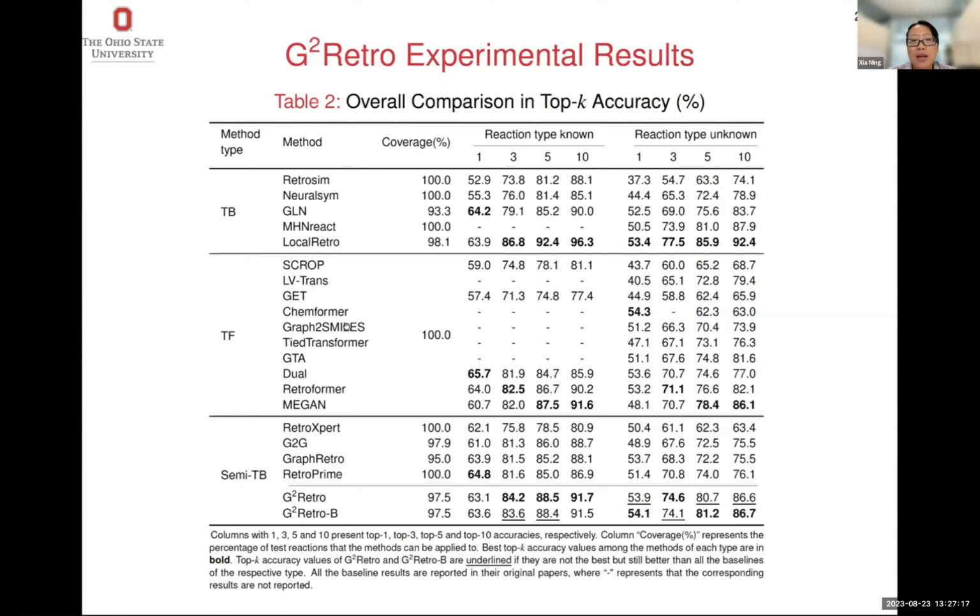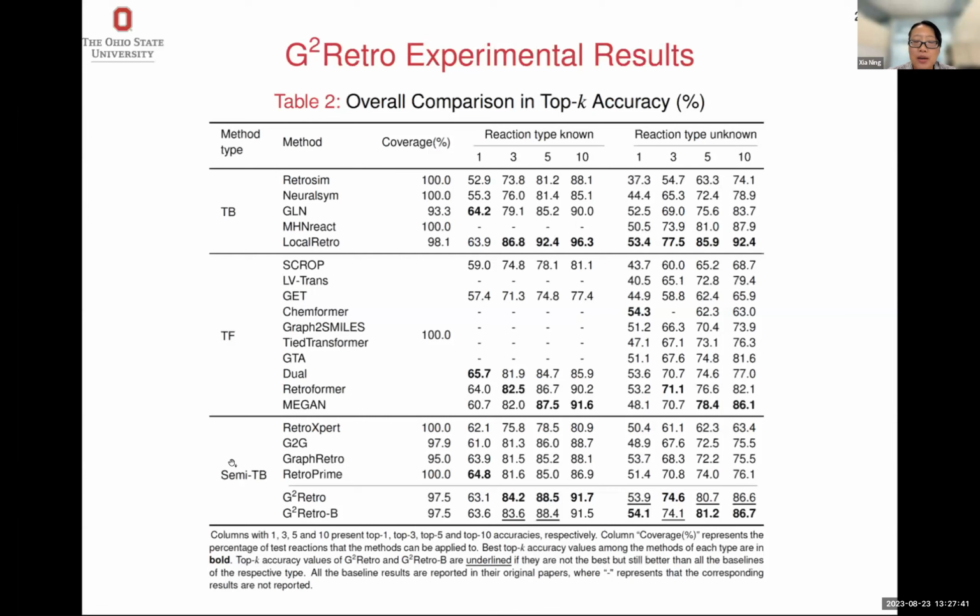A SMILES string is nothing but a sequence representation of the 2D topologies. If you do a graph traversal, that will give you a sequence representation. And people can apply transformer or NLP-based methods to convert the sequence of the product back into the sequences of the reactants. So a lot of transformer-based methods.